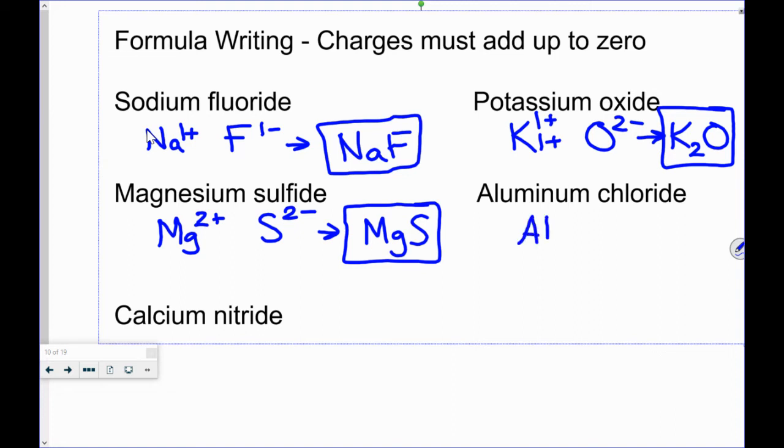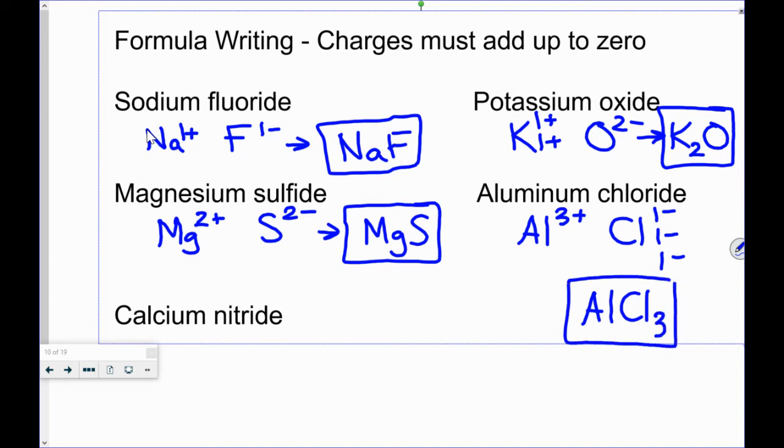Here's aluminum. Aluminum is 3 plus. Chloride is 1 minus. Again, right now that adds up to plus 2, not 0. Now it's plus 1. Now it's 0. So what's my final answer? AlCl. And how many chloride ions did I need? I need 3 of them. So what that means is there's 1 Al, 3 chloride stuck to it.